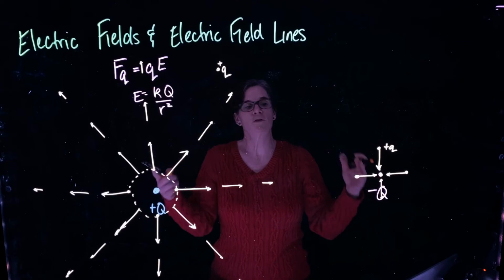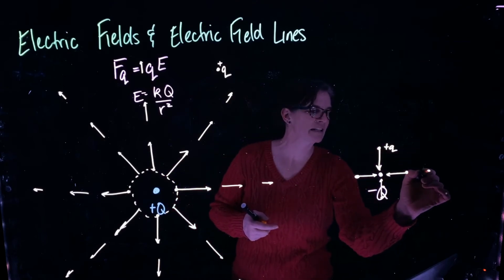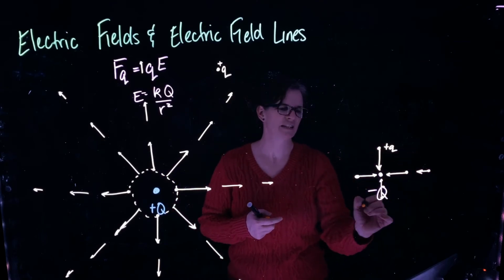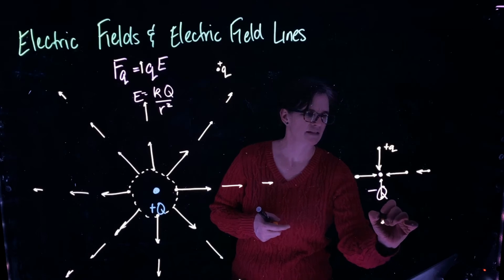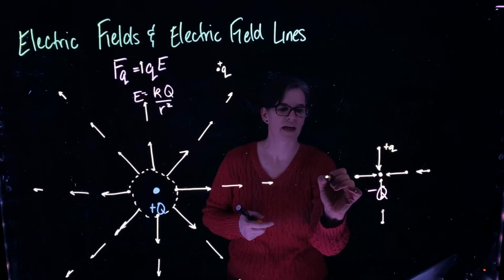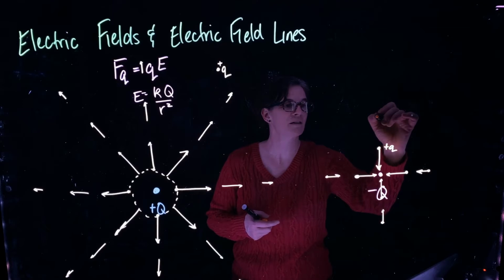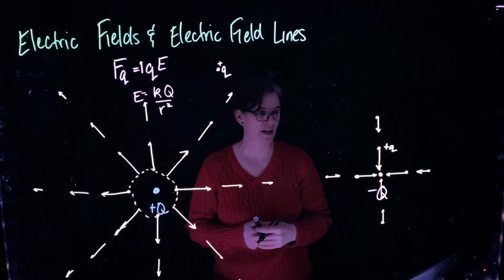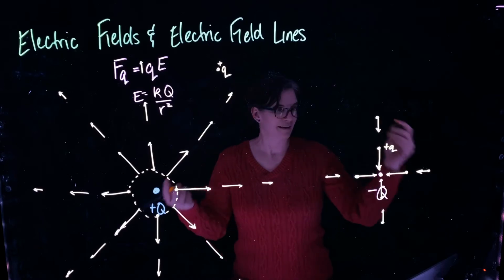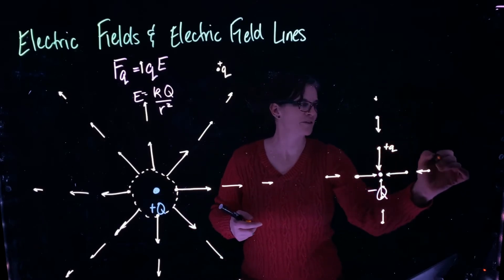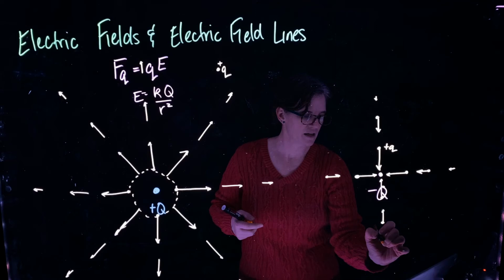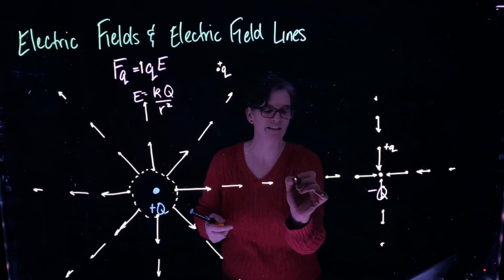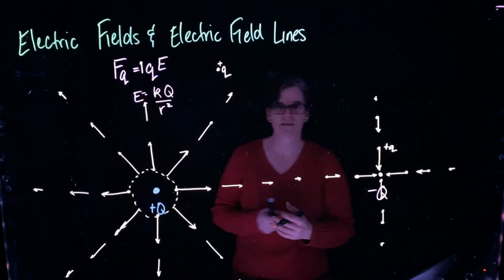And if I move further away, well, I still get an inward force, but it's smaller because I'm further away from that charged particle, and the electric field with a larger radius starts to go down. And similarly, as I go further and further away, the force exerted by that field gets smaller and smaller.